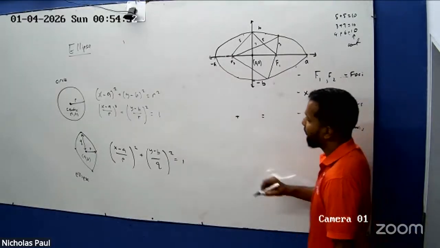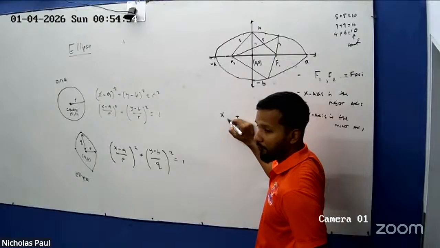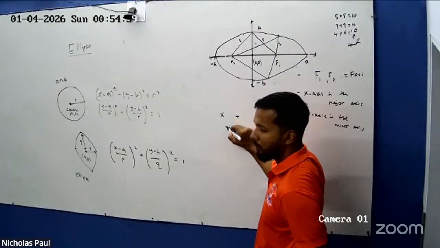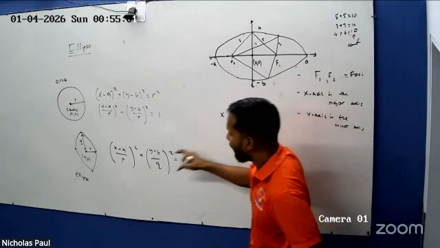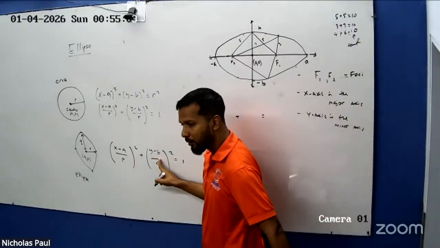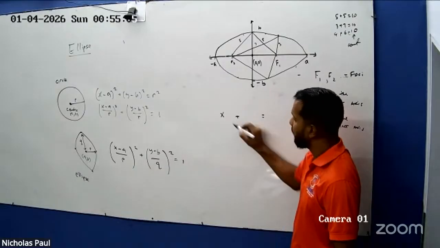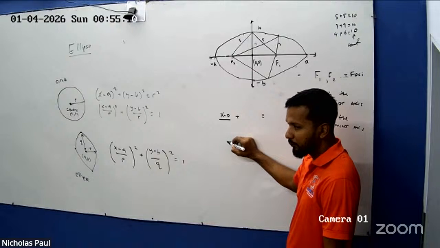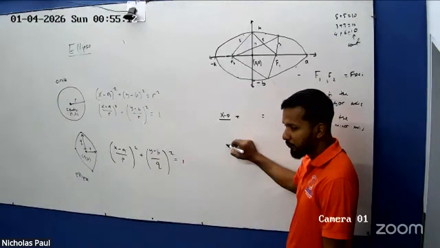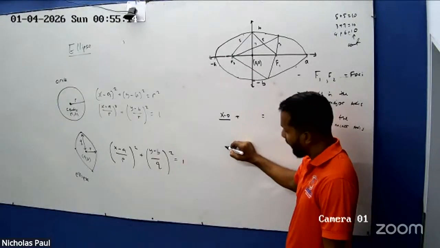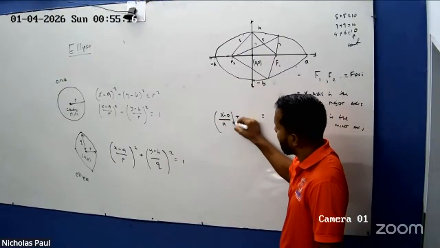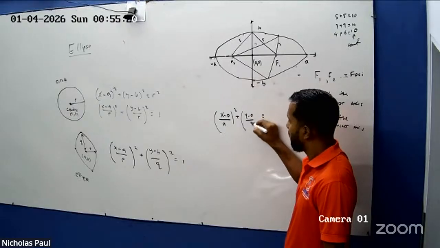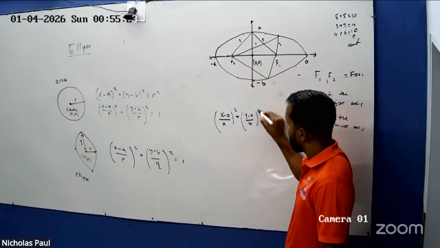What will the x be? Well, x minus a. A and B is the center. The center is what? It will be x minus 0 over a, all squared, plus y minus 0 over b, all squared.